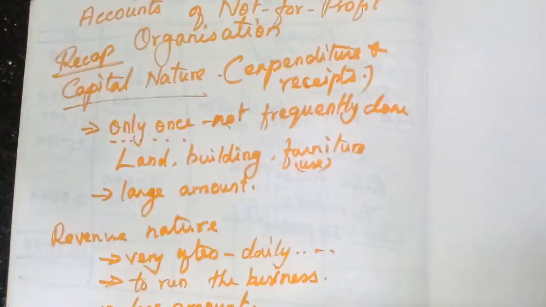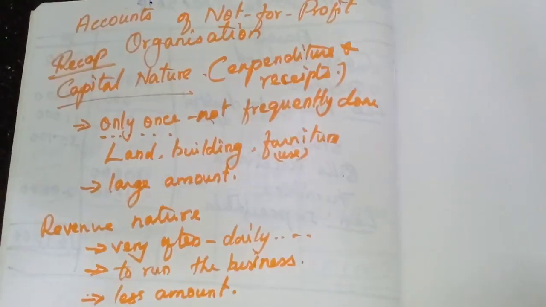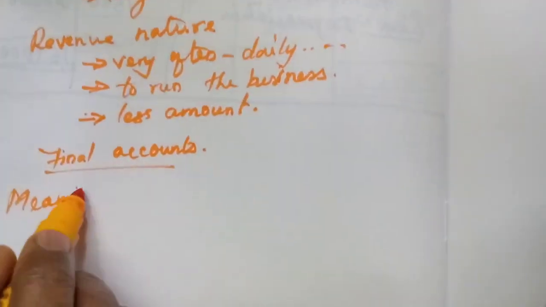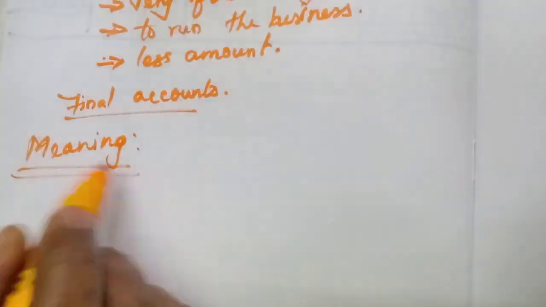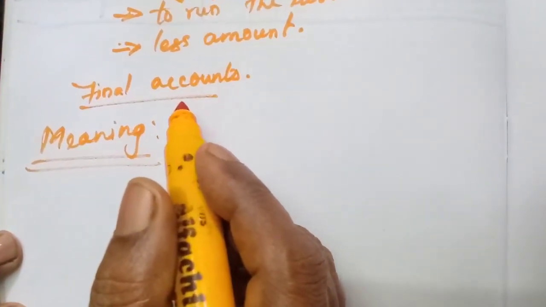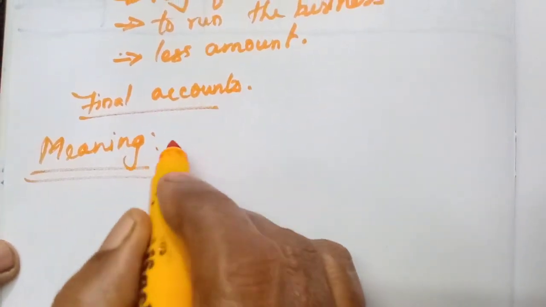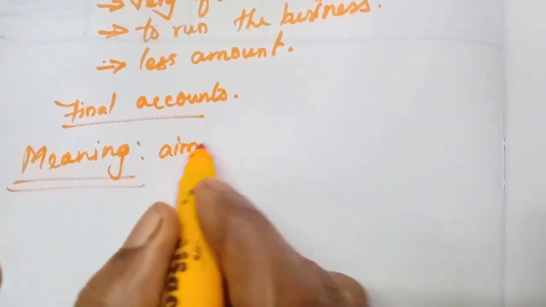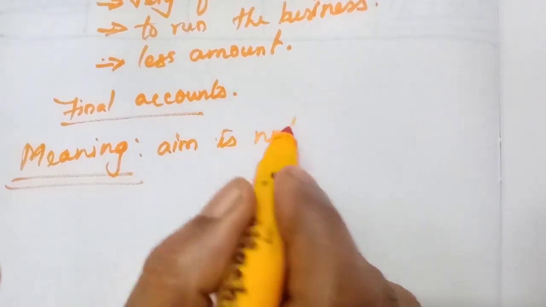What is the meaning of not-for-profit organization? From the name itself, by hearing not-for-profit organization, that means their main aim is not making profit.